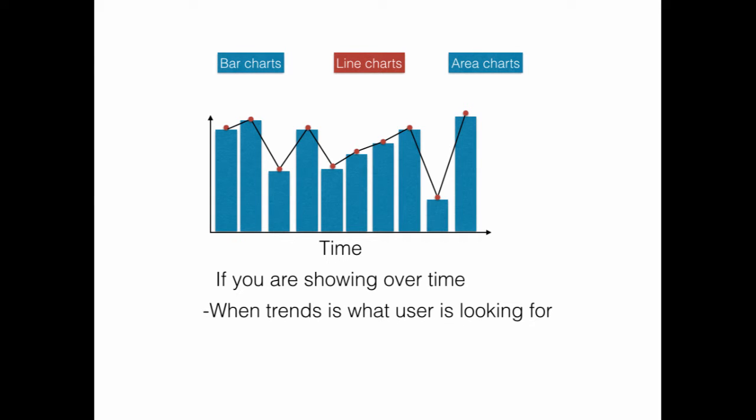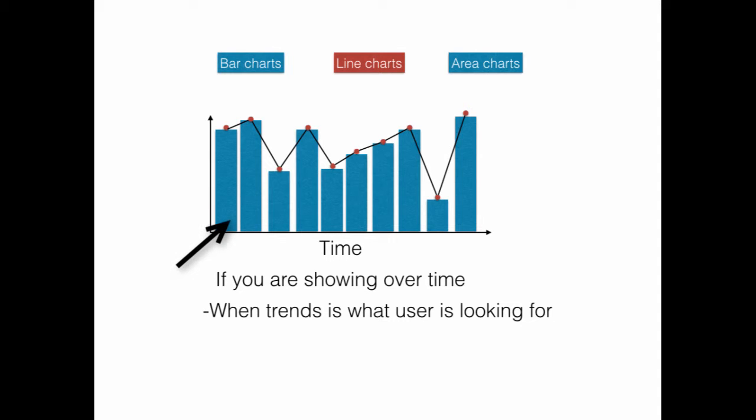Now one of the problems why bar charts should not be preferred while showing trends is that whenever we see a bar chart, we always, on a subconscious level, read or perceive the area of the bar as its value.